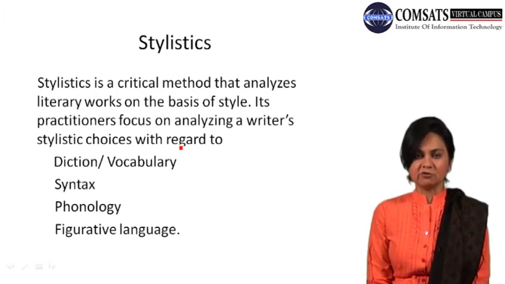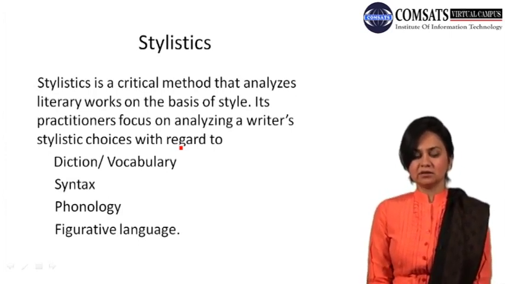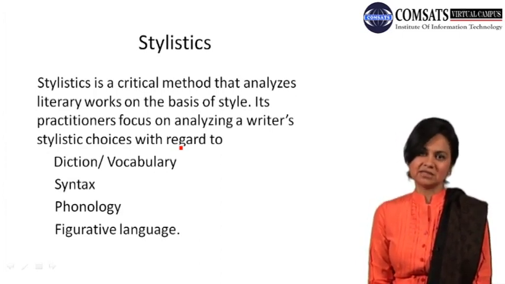Apart from diction and vocabulary that make the style or the particular language of a work, the work includes a particular way of using syntax. Syntax, that is the word order in a sentence. How does a writer choose to form the sentences or statements?